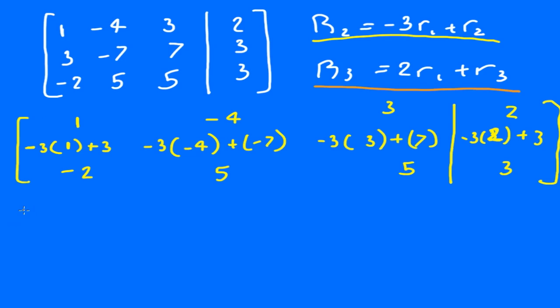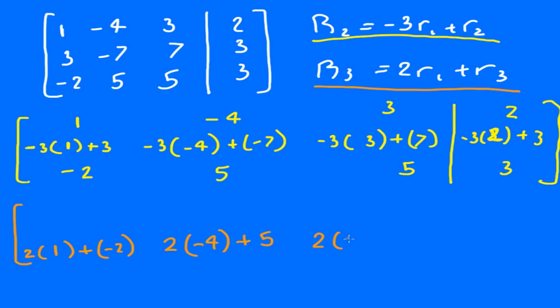It'll be like this. It's going to be 2 times our row 1, which is 1, plus our row 3, which is -2. And then 2 times row 1, which is -4, plus our row 3, which is 5.